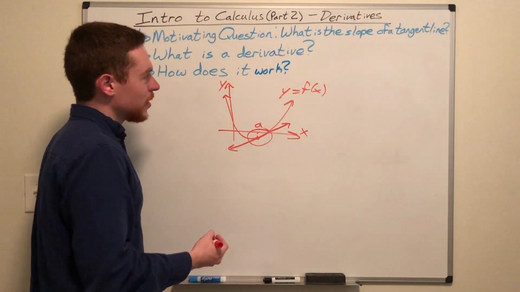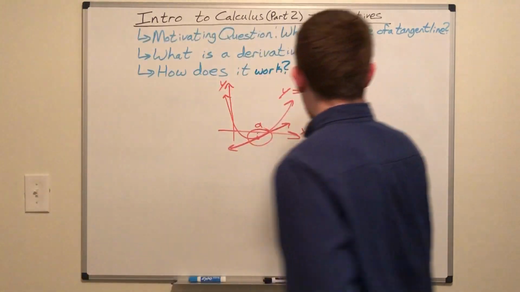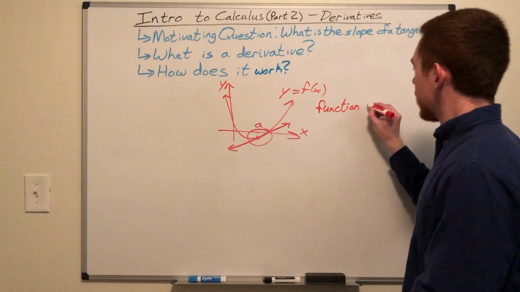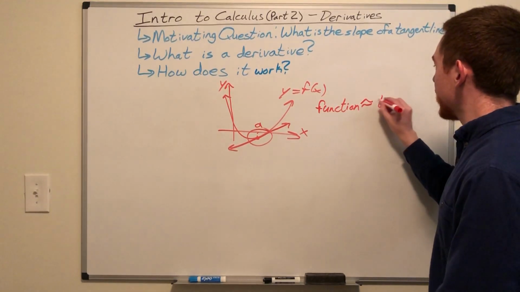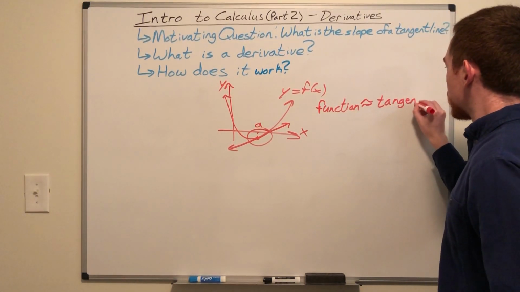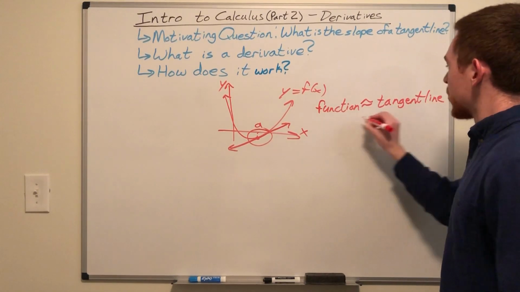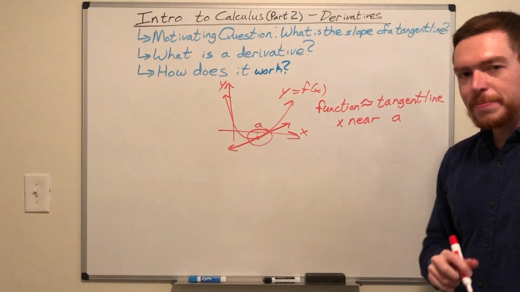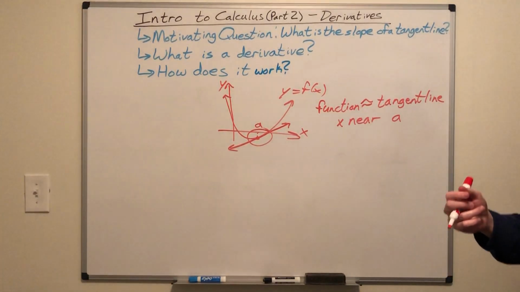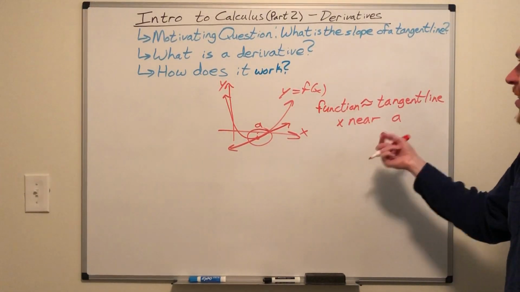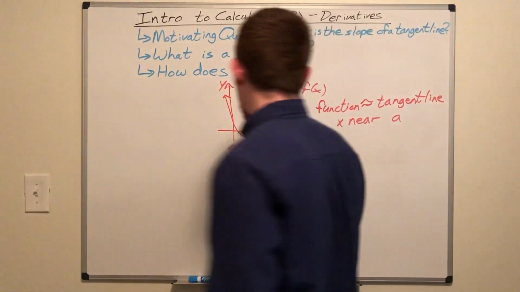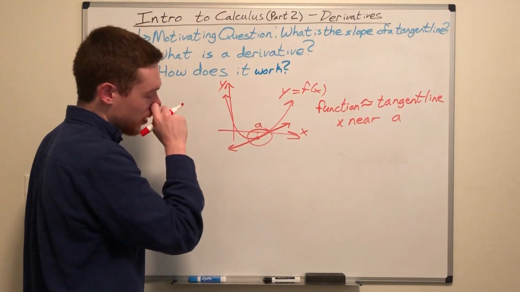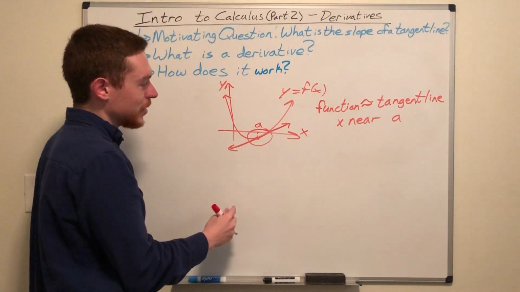And so that leads to the idea that we can say that my function is approximately equal to my tangent line as long as x is near my favorite number a. This idea is incredibly important, but before I get too much into it, let's actually figure out what this formula is.